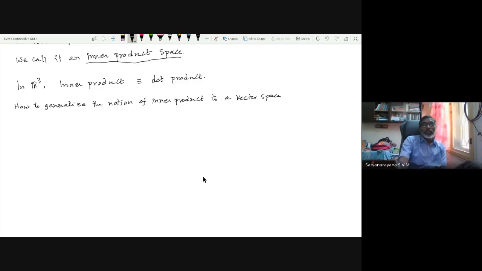A vector space of functions. Okay, so that will be our next question.